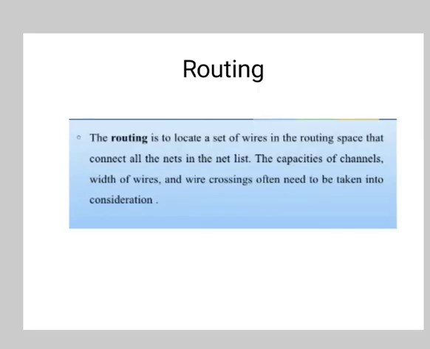Next is routing. So what is routing? Routing is to locate a set of wires in the routing space that connect all the nets in the netlist, and the capacities of channels, width of wire, and wire crossing often need to be taken into consideration.